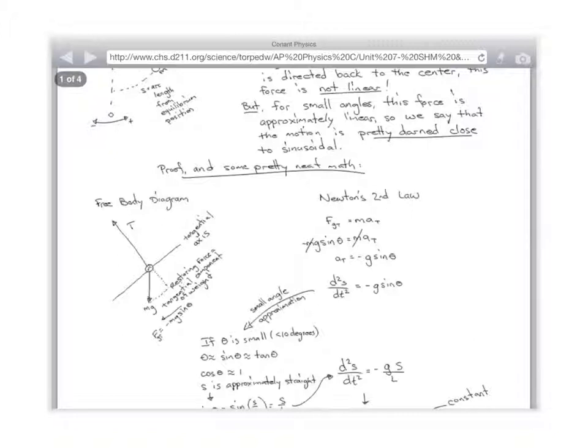This one doesn't exist. This g sine theta equals L d squared theta over dt squared does not exist. However, I'm going to do something called the small angle approximation. What's that?